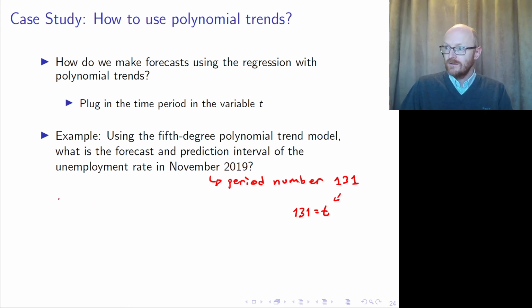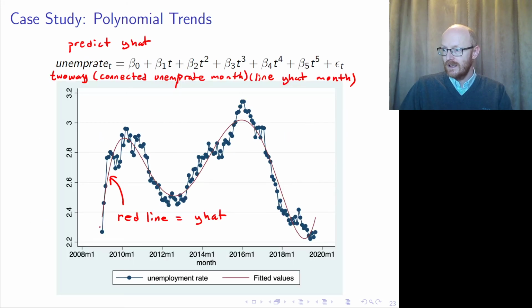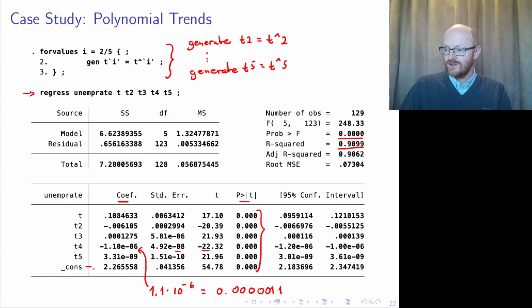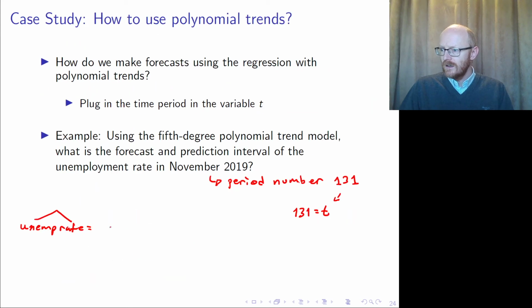And we know how to do this: the unemployment rate hat is equal to the intercept from this table, and the coefficients on each and every one of these polynomial time variables, which gives us the regression line.